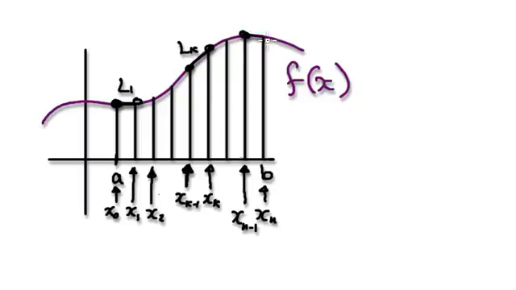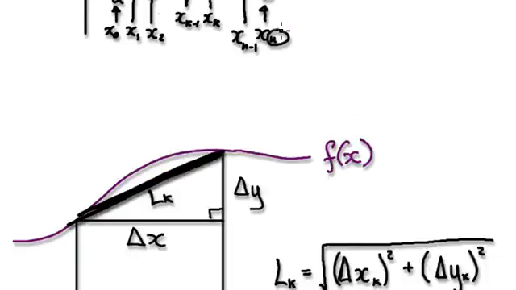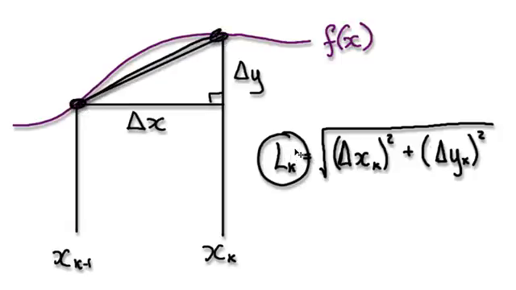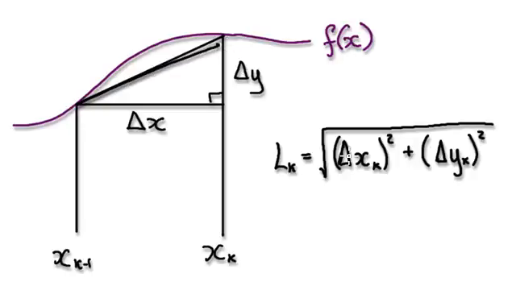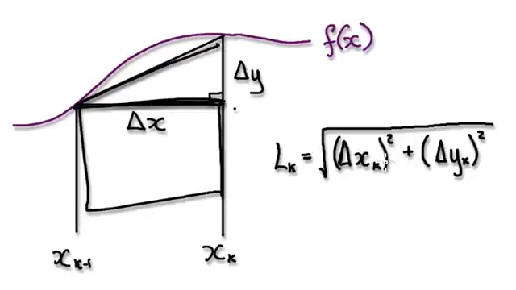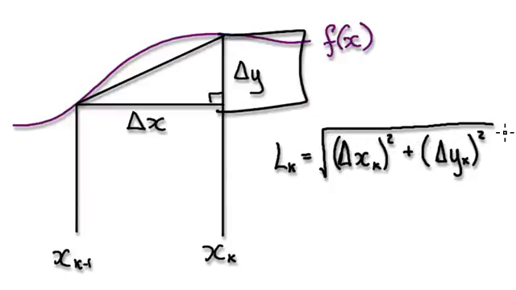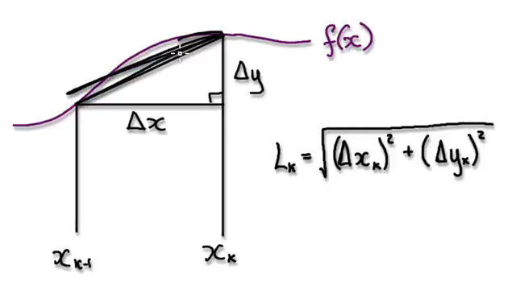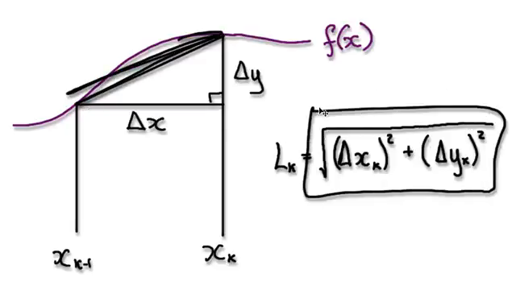The length that joins from here straight to here, we're going to call Ln. Well, the length Lk is given by using Pythagoras. So this is delta x squared plus delta y squared. So this length here is given by this.